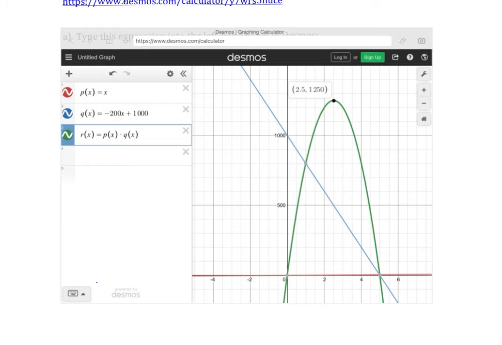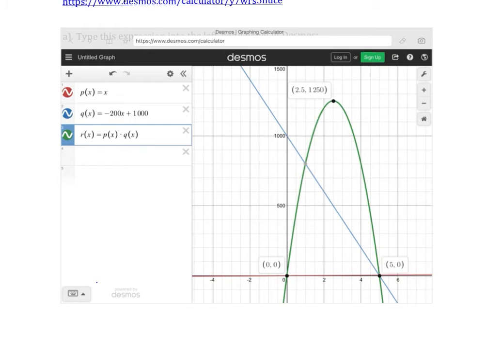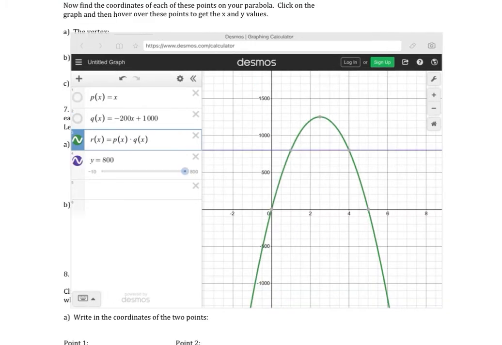That is, if we set a price of 2.5, we're going to get revenues of 1,250. That's our maximum. If we set our price equal to 0, we're going to get $0. If we set our price equal to 5, we're going to get $0 because we won't sell any. At 0, we'll sell 1,000, but we'll only get $0 per cup. So 1,000 times 0 is 0.